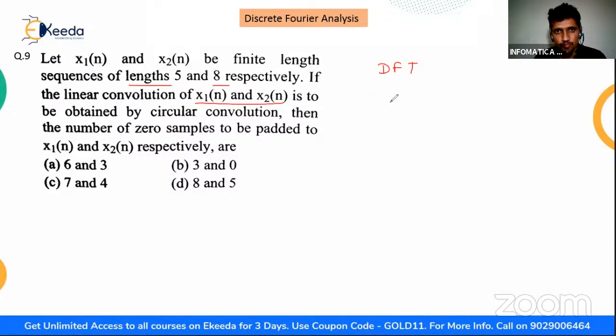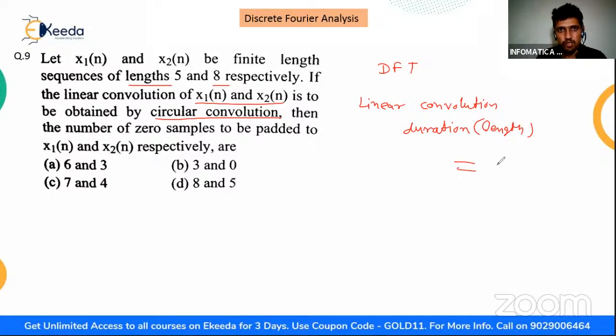To calculate this circular convolution, both must have the same duration. And we know that the linear convolution will have a duration, or length, given by, suppose one signal has length L and the other M, L plus M minus 1.